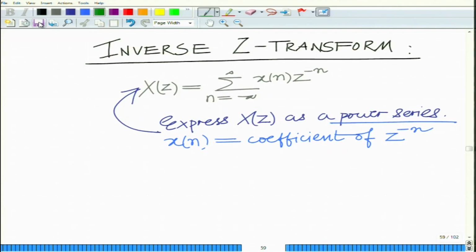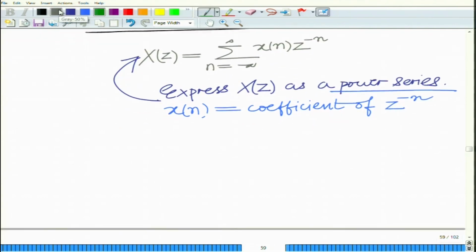We can call this the power series technique. Let us look at another technique, that is the partial fraction expansion.